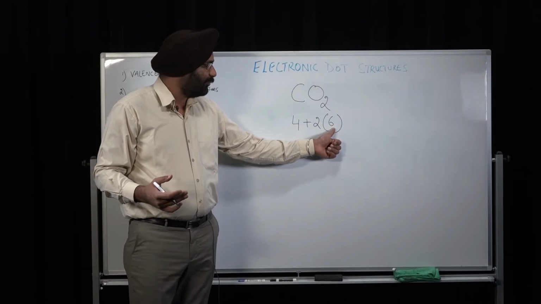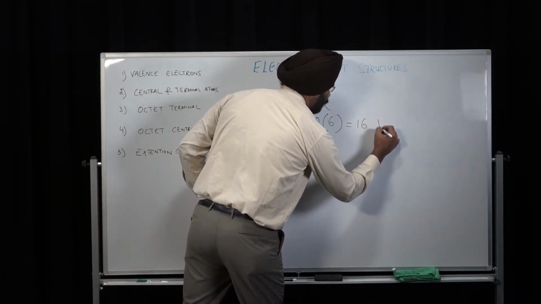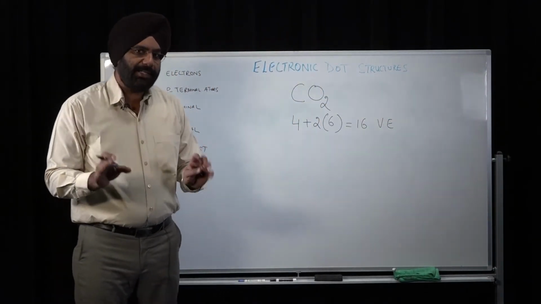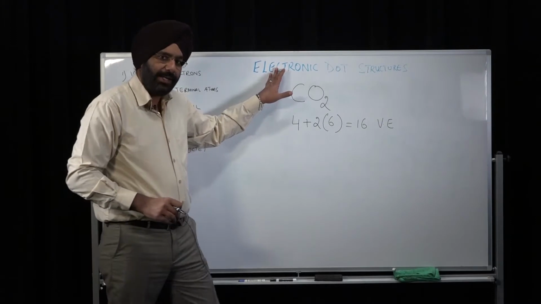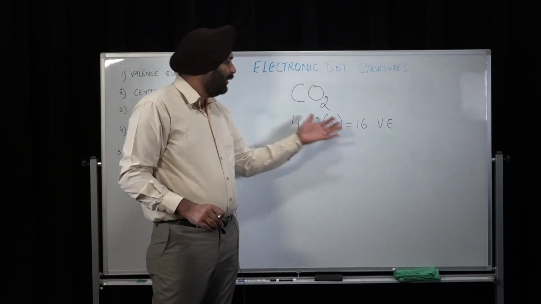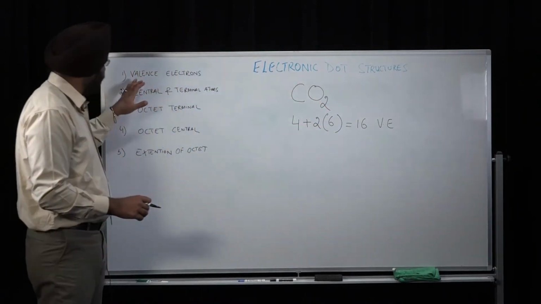So 2 times 6 is 12, plus 4 is 16. That means there are 16 valence electrons in carbon dioxide, and writing the electronic dot structure is nothing but arranging the 16 valence electrons around the carbon dioxide molecule. So we have done the first step.